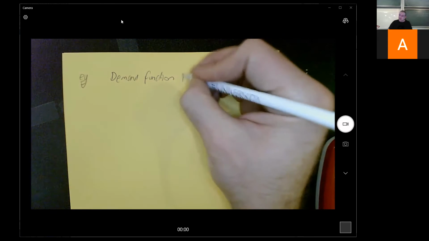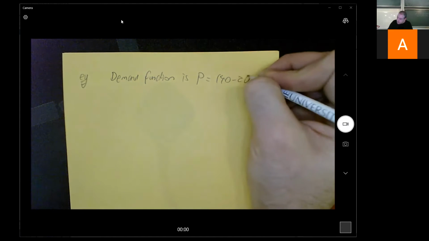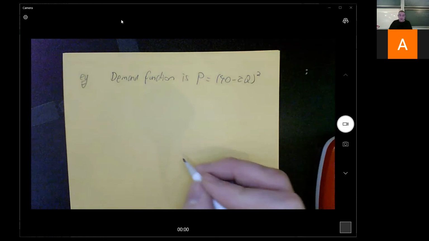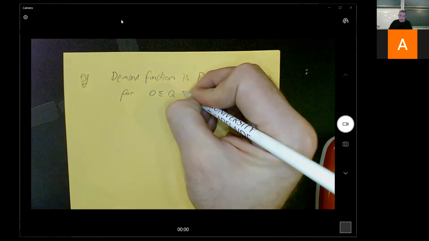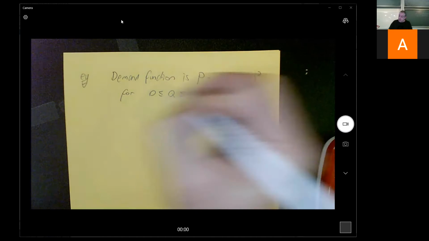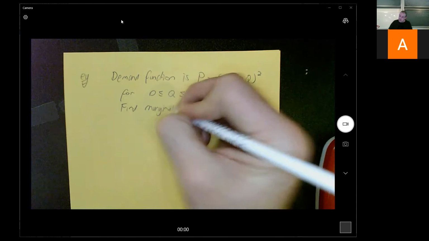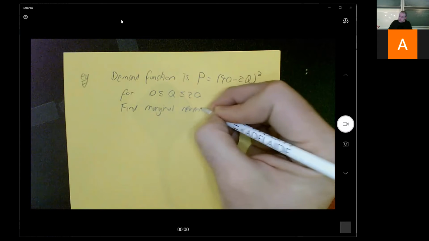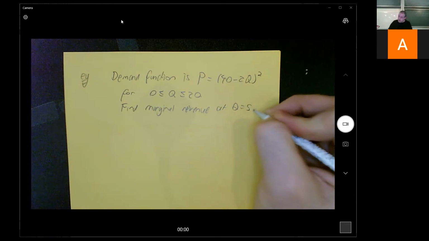So the demand function is P equals 40 minus 2Q squared for Q's between 0 and 20. Find marginal revenue at Q equals 5.